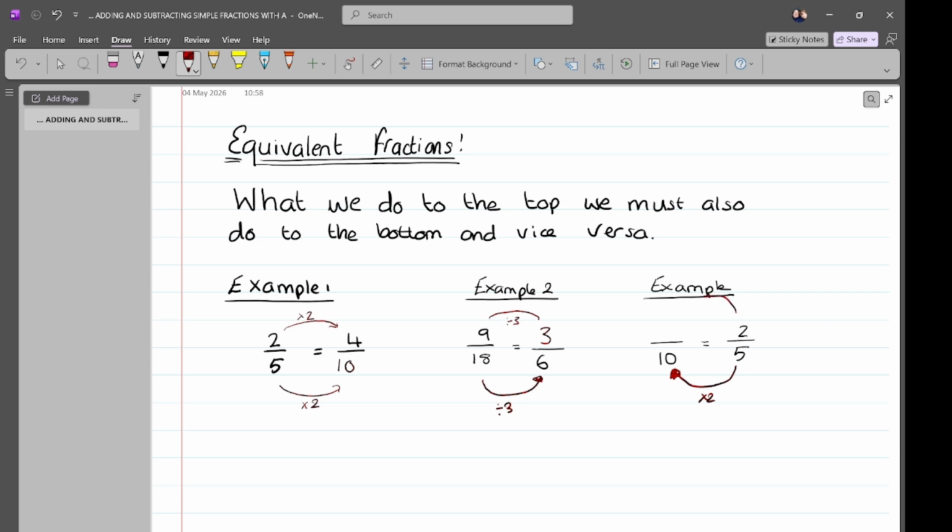Therefore, we must times the 2 at the top by 2 as well, which will give me 4 over 10 in this particular case. So remember, equivalent fractions are two or more fractions that all have the same value. In order to find an equivalent fraction, we need to remember the rule that what we do to the top, we must also do to the bottom.